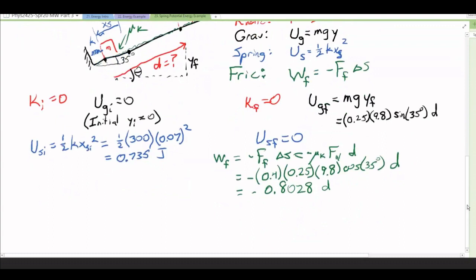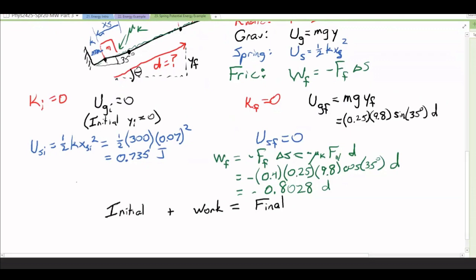All right. So now I know all about all my forms of energy, and I'm going to apply my general idea of conservation of energy or non-conservation of energy. Initial plus work equals final.